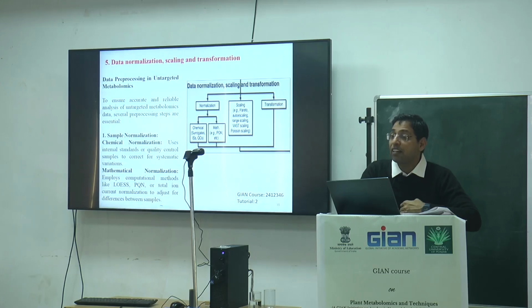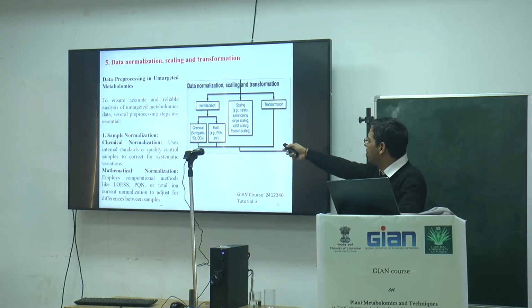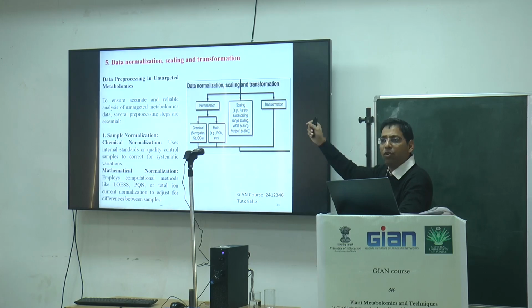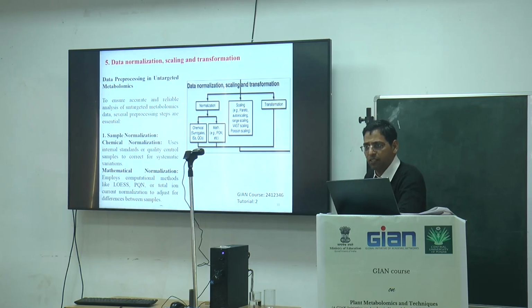The first step is chemical normalization. Use the internal standards and quality control to correct for the systematic variation. I told you we add some chemicals before the extraction, so that we use for the chemical normalization. That can be the surrogates actually.